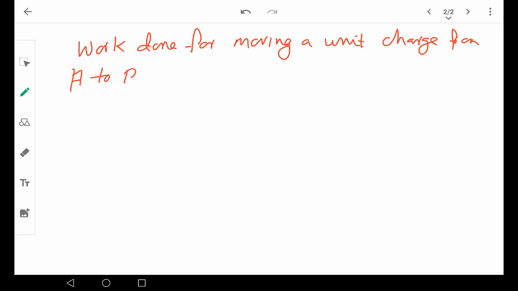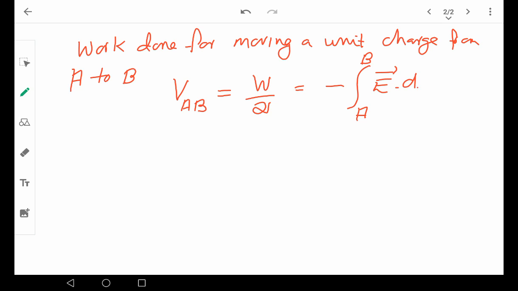I can represent it as VAB. VAB equal to W by Q equal to minus integral A to B of E dot dl.